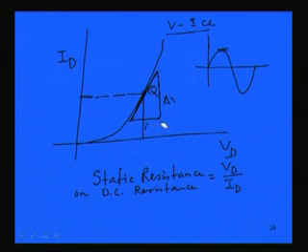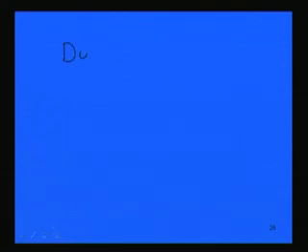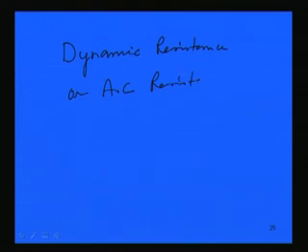So, this will be del Vd and del Id. The dynamic resistance, or AC resistance, is given by del Vd by del Id around this Q point, that is incremental change in voltage by incremental change in current.